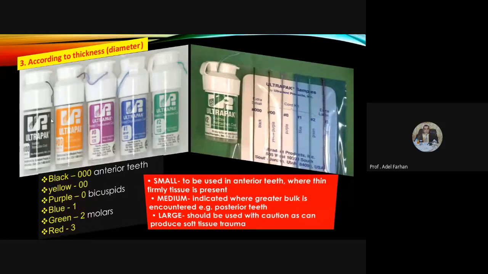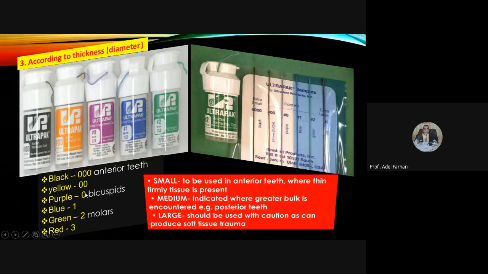Most of the time black and yellow are used for the anterior لان عندنا thin gingiva. طبعا مثل ما نعرف الجنجفة diameter او depth of the sulcus is different from area to area and from patient to patient, so you have to select a size that gives you expansion. يعني ما ممكن تستعمل small diameter cord with a thick gingiva. بهيك حاله ما راح يعطينا الاكسبانشن اللي نريده، لذلك لازم تستعمل دايمتر حجمه مقارب واكبر من الويدث of the gingival sulcus.